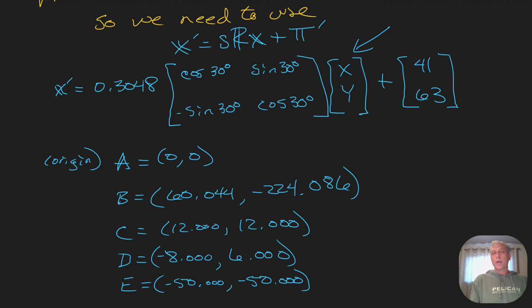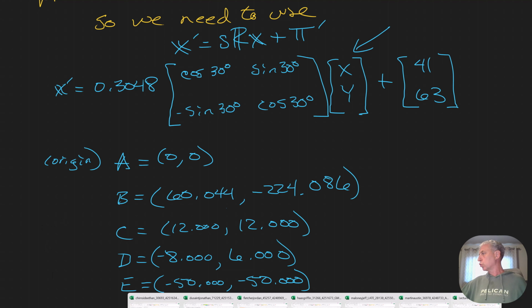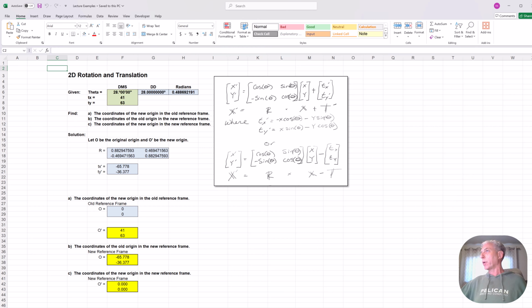Okay, and I don't want to do all those calculations by hand. I don't want to do them on paper and with a calculator. There's just too much room for error. So let's see, I do have this on a spreadsheet. There we go. So here it is.